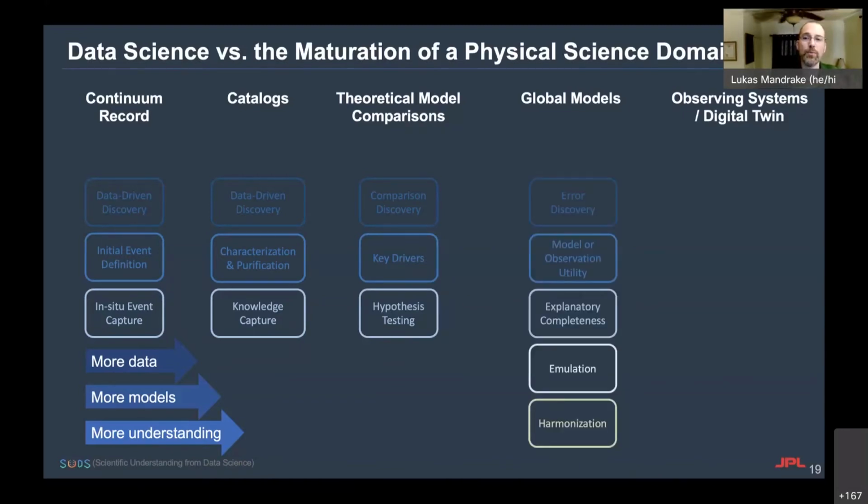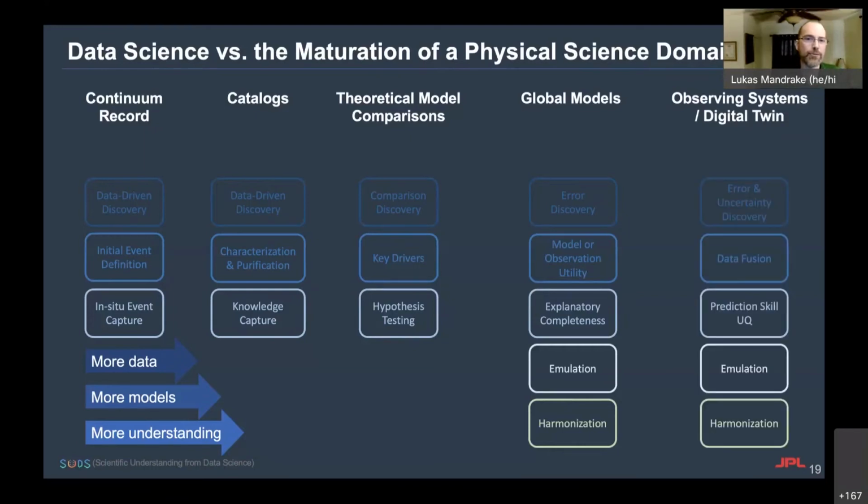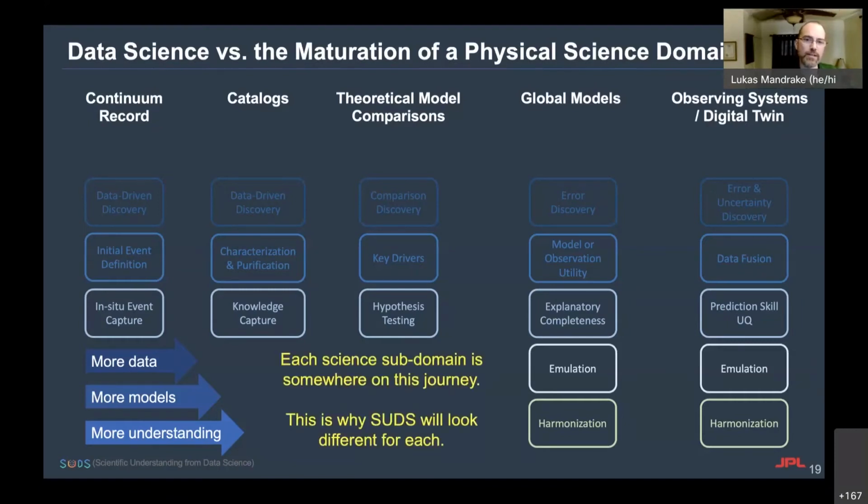In the regime of global models, data science facilitates the translation of model error into further insight, as well as enabling computational efficiency where necessary. Finally, in the most mature phases, data science centers around decisional support through data fusion, rigorous uncertainty quantification, and computational efficiency for operational systems. Each science subdomain is somewhere on this journey, and SUDS will apply differently based on the current needs. Now let's zoom in on these approaches that facilitate first the catalog phase of science understanding.